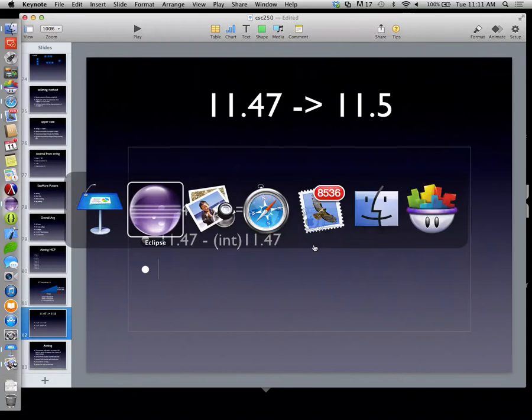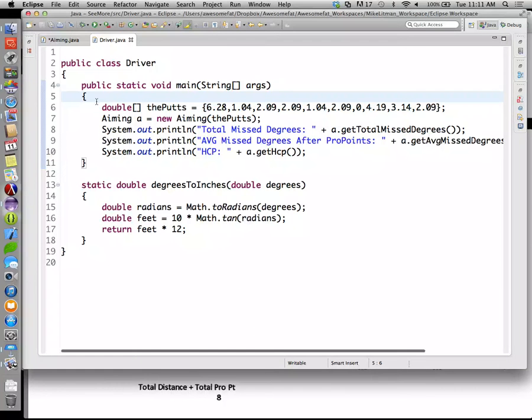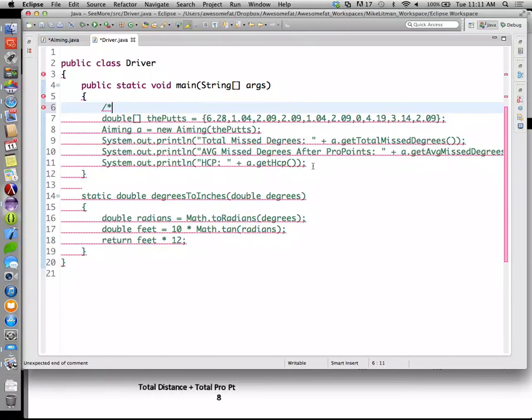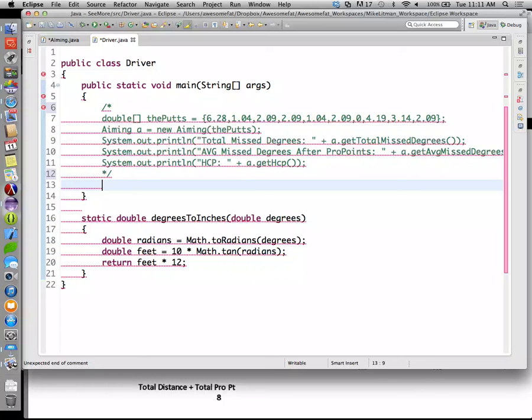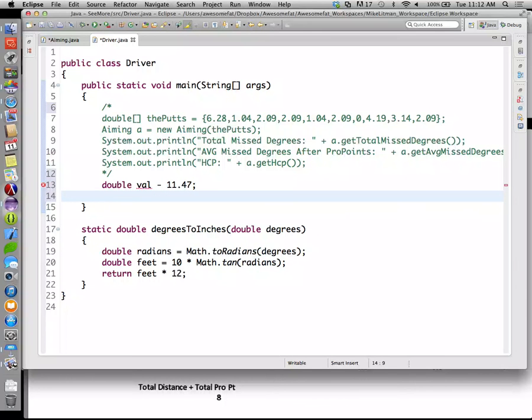So if we come back out here, go into driver. Let me just comment all this again real quick. So we'll have a val equal to 11.47.